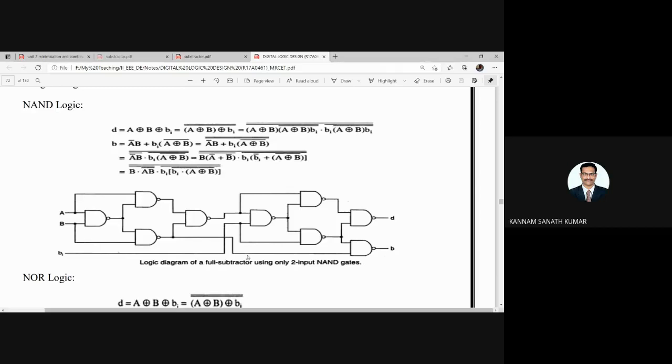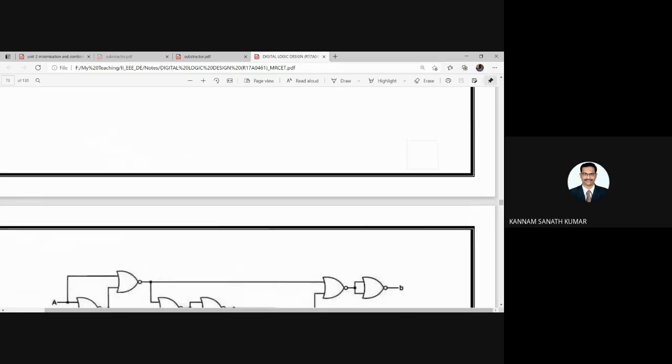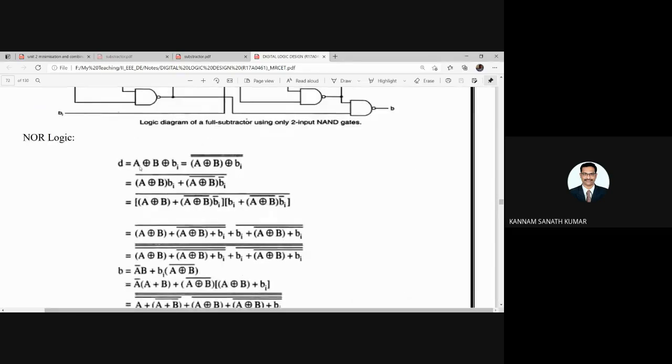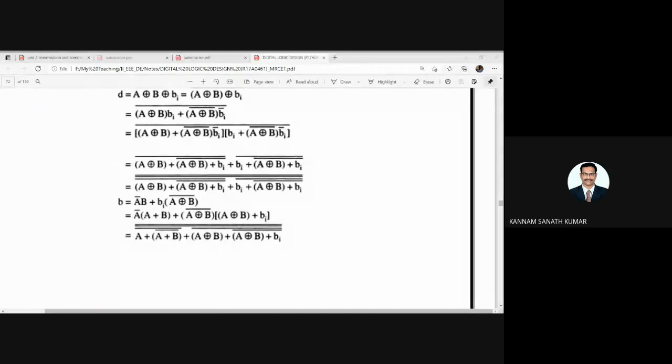From this you can realize the difference and borrow by using NAND gates. Similarly for NOR gates, whatever I told you in the full adder, the same thing you can execute by using NOR gates. So whatever the difference is, A XOR B XOR Bi, you can apply the complement of complement to one variable and get this. So you can try this out and analyze how you are getting it.